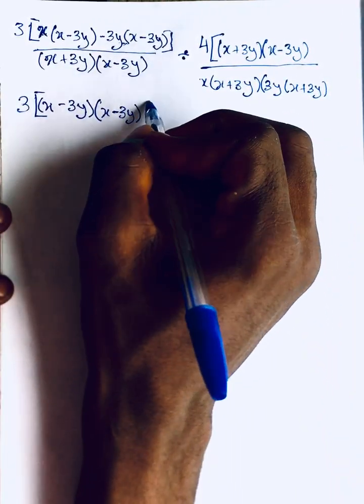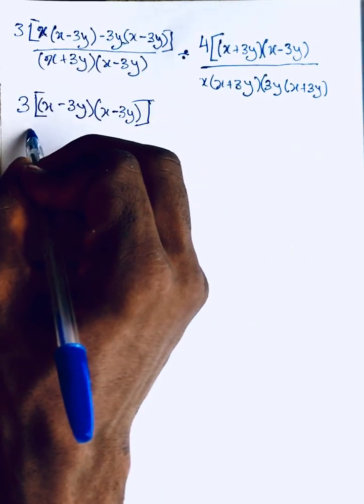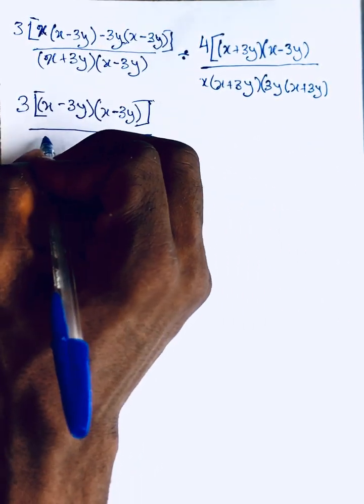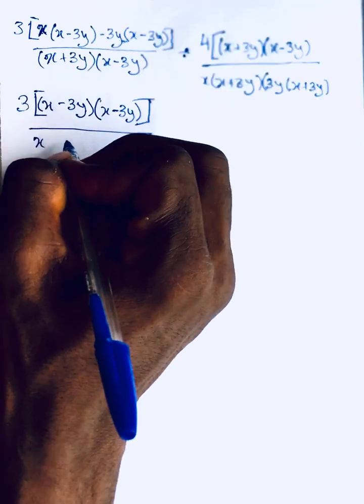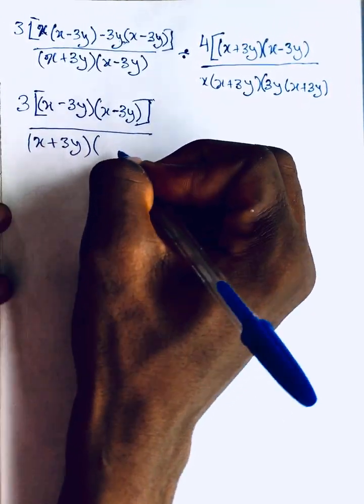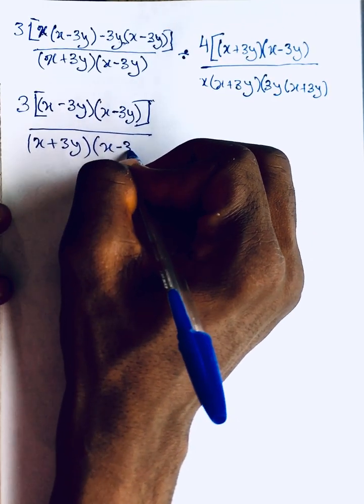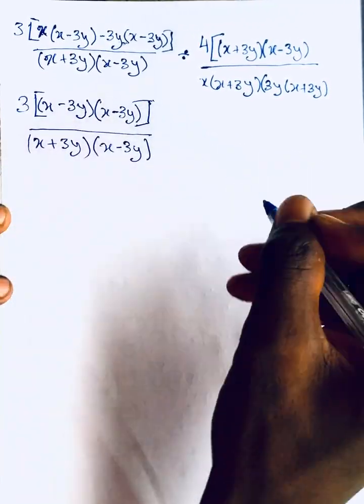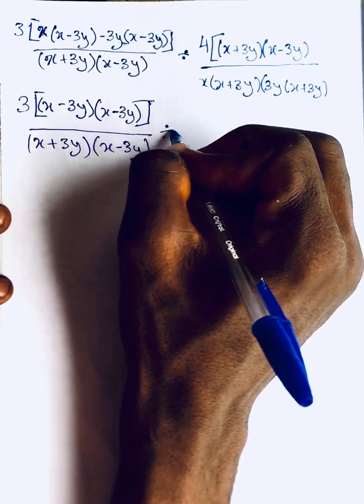They are the same bracket, all over x plus 3y into bracket x minus 3y, divided by what?